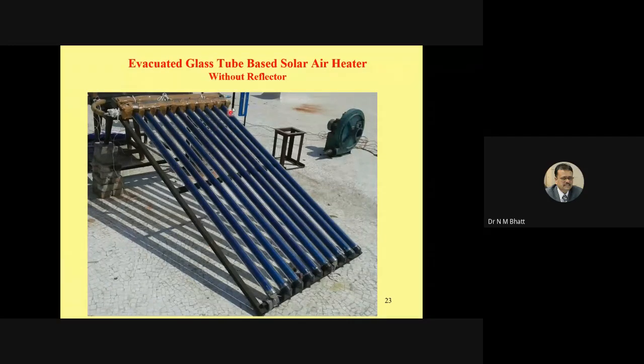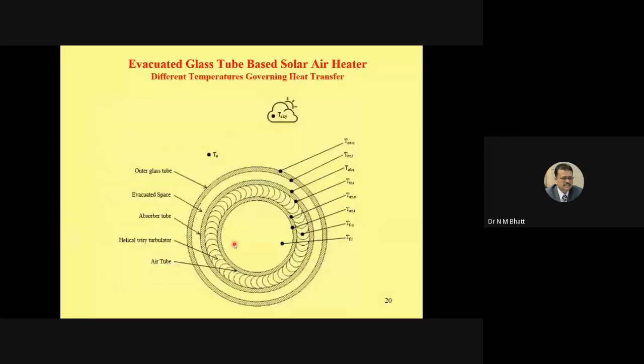So this is the inner header. So through this inner header, upper one, the air is distributed to the air tube, which is inserted concentrically inside this particular inner tube that you can see over here.